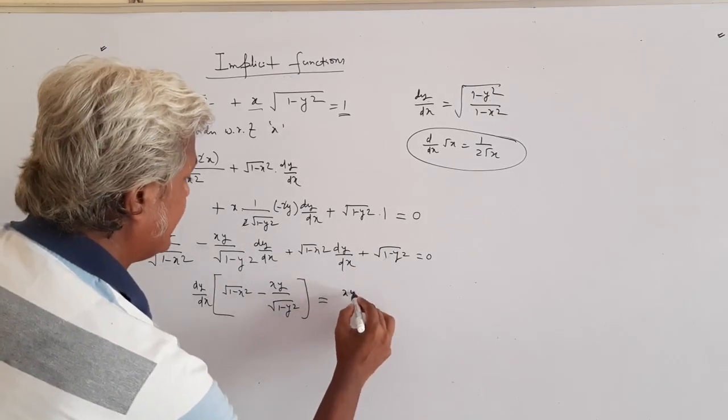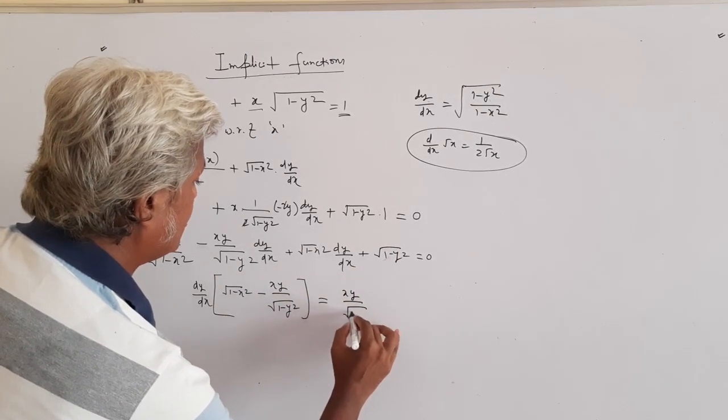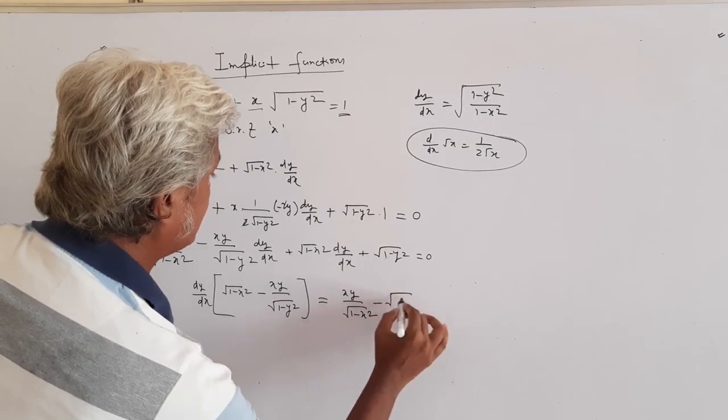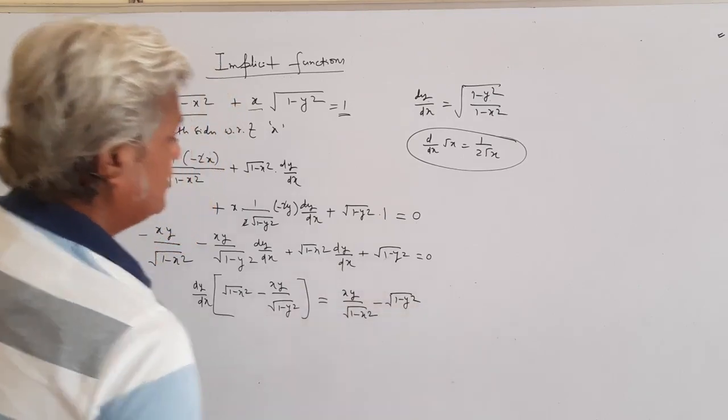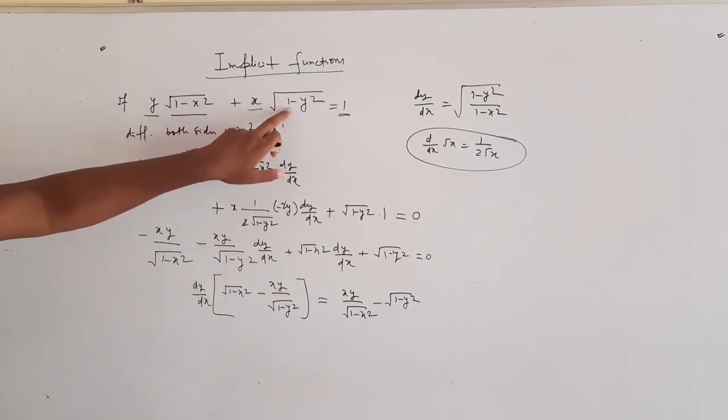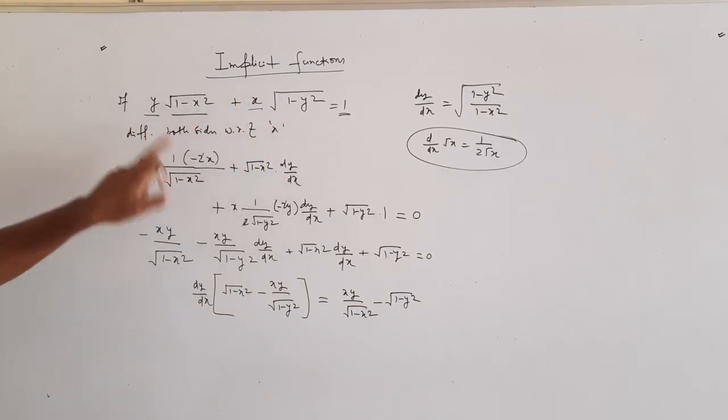So it is xy upon under root 1 minus x square minus under root 1 minus y square. So now here you see that we have this relation.